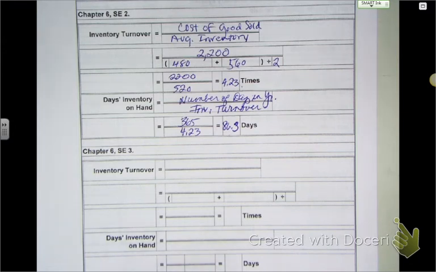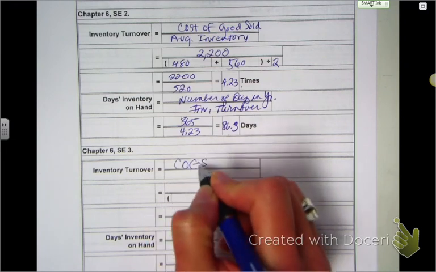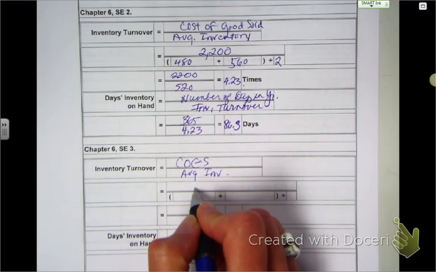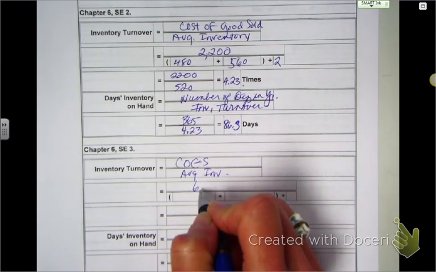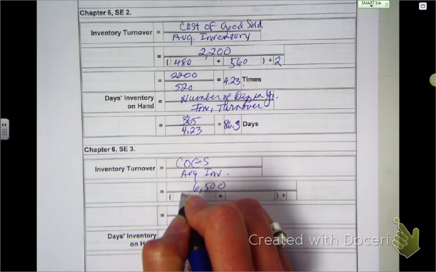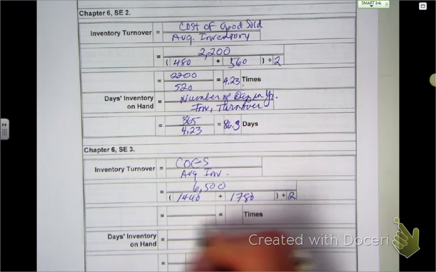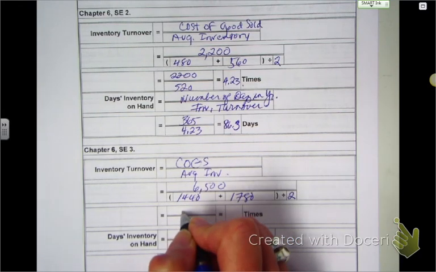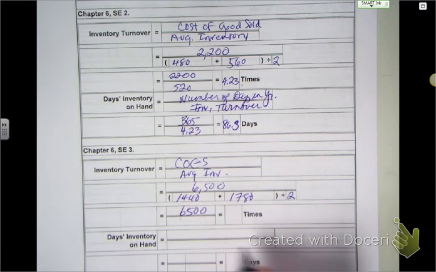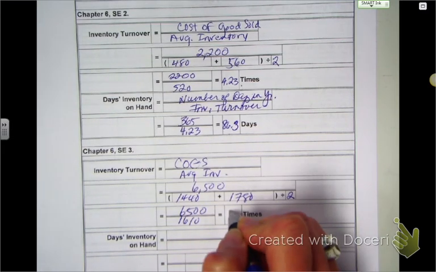We've got the same formula as above. My numerator, 6,500, and 1440 plus 1780. 6,500 divided by 1610, and that comes out to about 4.